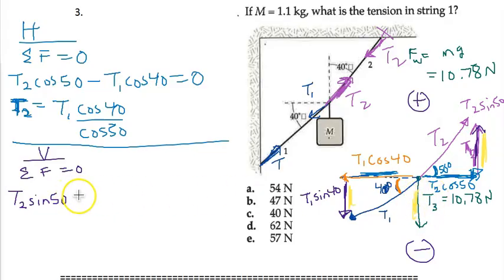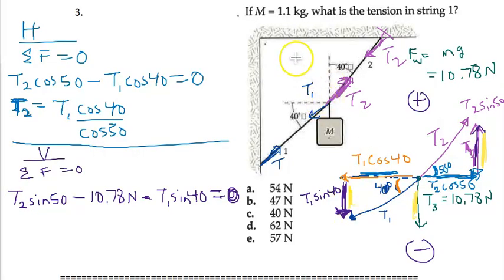We have the tension 3 pulling down. And they told us, we calculated that. And then we have T1 sine 40 also going down. And nobody's winning, so they add to 0. So this was going down, whereas in the previous problems it was going up. Okay, all that means is you have a minus sign here.